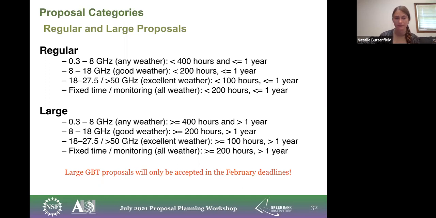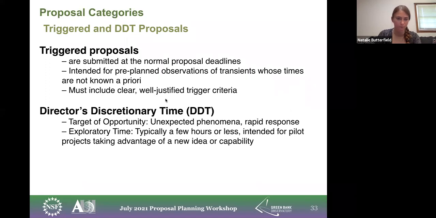So we will not be accepting any large proposals for this current cycle. The differences between them are the amount of hours or how long your observations will be taking place. That's the main difference. These are also listed in the proposer's guide. If you would like a link for that or the section for that, let us know and we can put that in the chat as well.